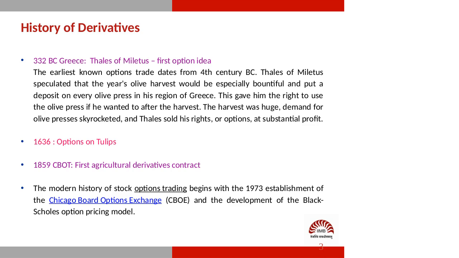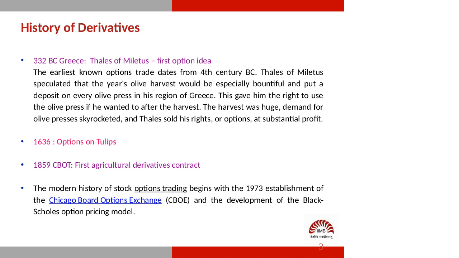In the way we know it, the first formal agricultural derivative contract came about in around 1859, when CBOT, the Chicago Board of Trade, was set up, and they entered into the first set of agricultural derivatives contracts in a more structured, organized manner, much cruder than what we know today.